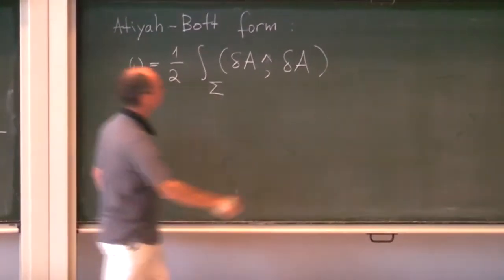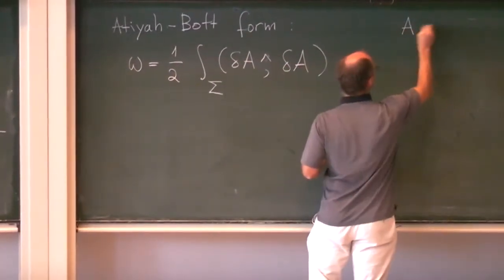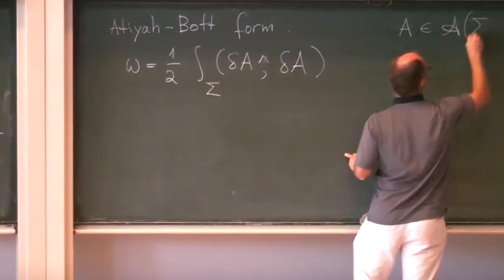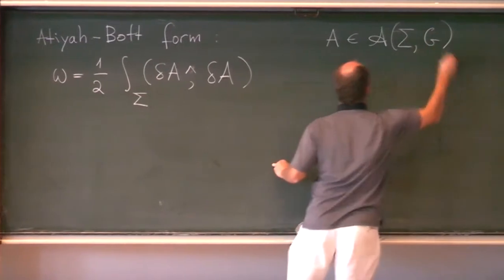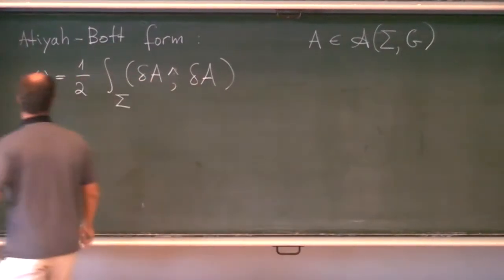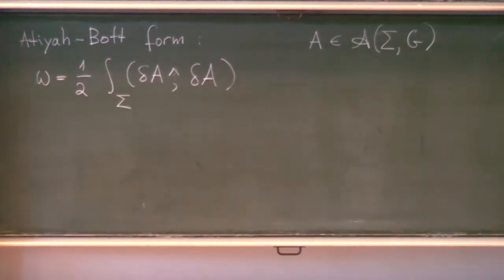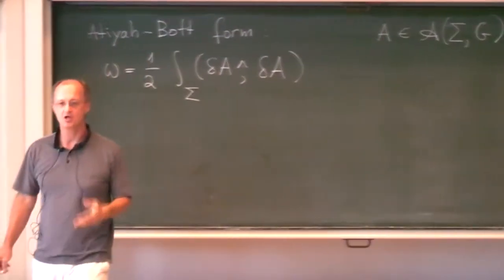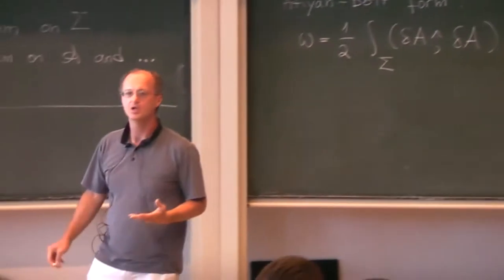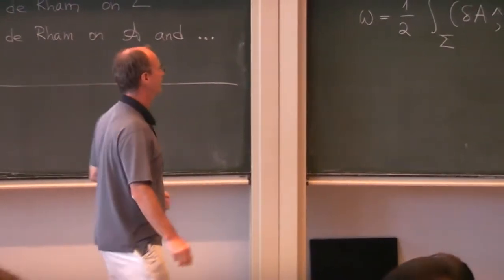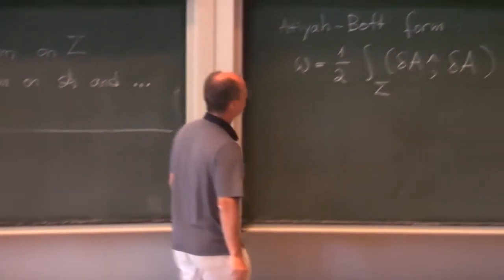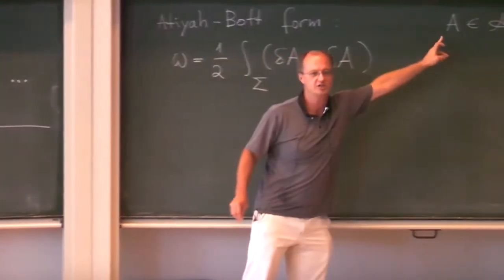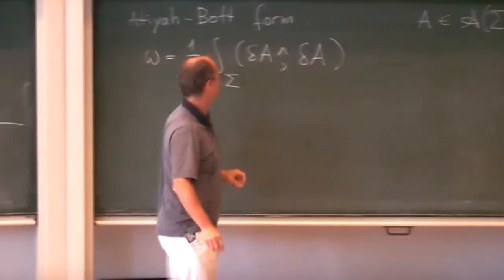So here I have A, which is an element of curly A sigma G. The 2 form I try to write down is a constant coefficient 2 form on this infinite dimensional vector space. Now, well, delta A's are obviously differentials of those A's.